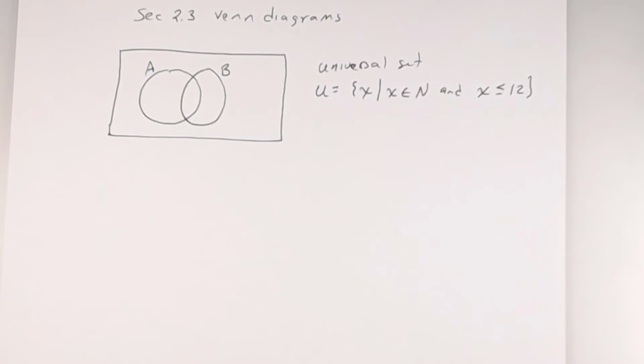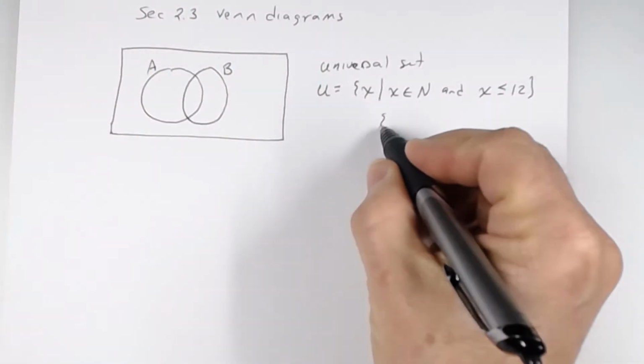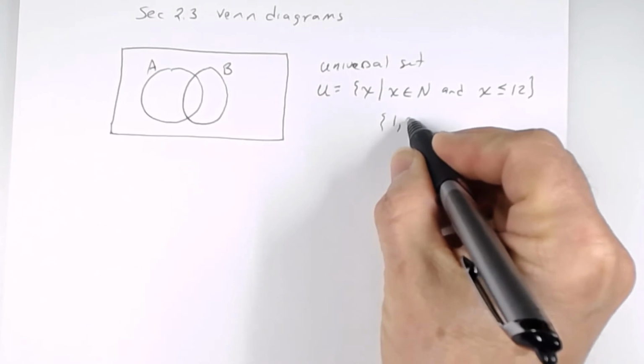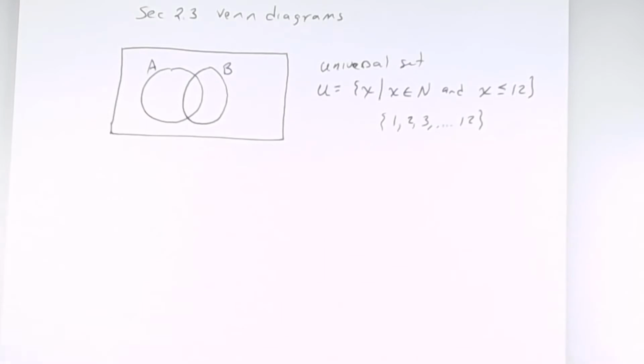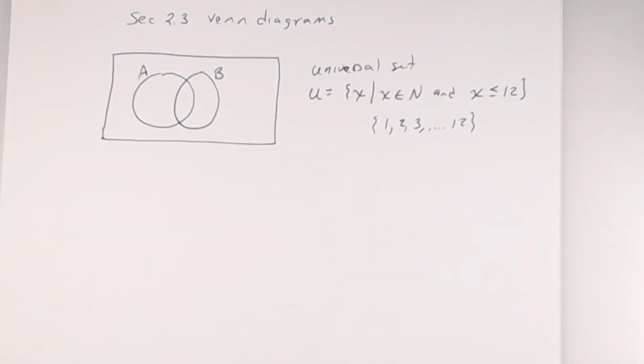So what is my roster? 1, 2, 3, all the way to 12. Now remember the 3 little dots, the ellipsis. That means it doesn't go from 3 to 18 and that's it. It goes from 3, 4, 5 all the way to 12, right?